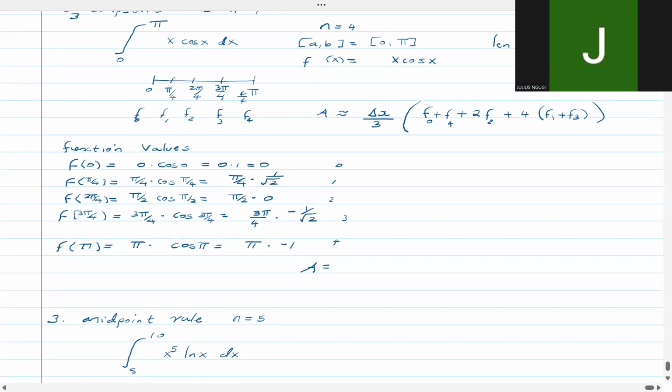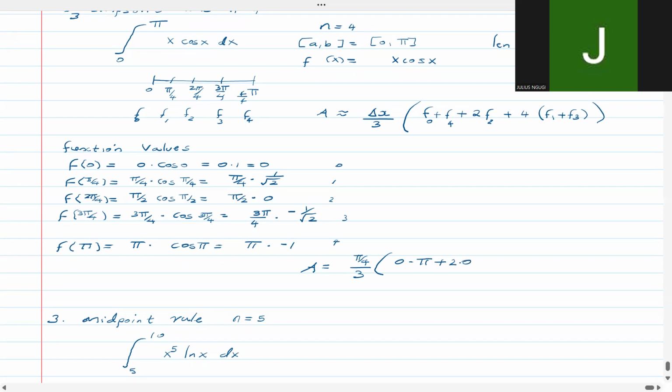So I'll have the length pi over 4 divided by 3, and then the first one and the last one, which is just minus pi, plus twice the one with index 2, which is just 0.